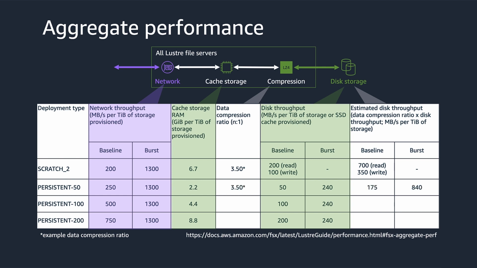If we have a persistent 50 file system storing data with the same data compression ratio, then our new baseline and burst estimated disk throughputs are 175 and 840 megabytes per second per terabyte. For a persistent 100 file system, it is 350 and 840 megabytes per second per terabyte. And for a persistent 200 file system, it is 700 and 840 megabytes per second per terabyte.